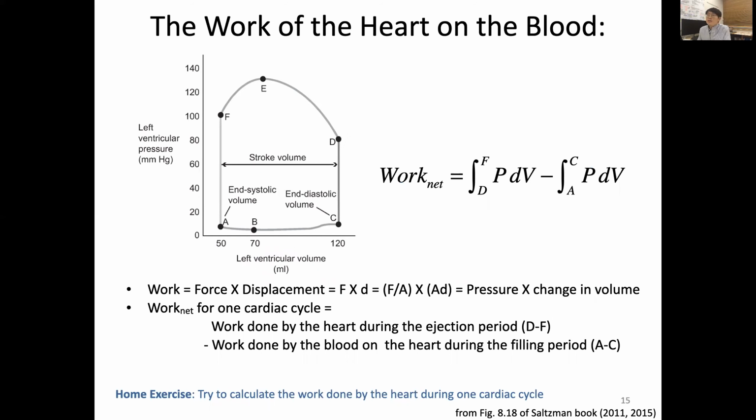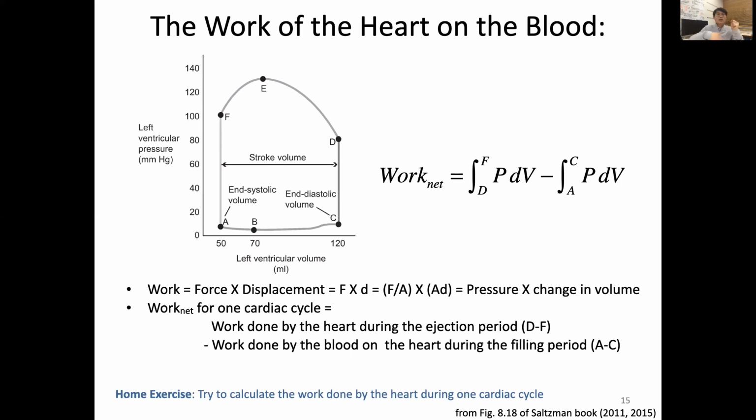So now think about the work of the heart on the blood. So what is work? Work in physics is typically defined as, if there's a mass, you push the mass with a force, and then that force makes a displacement x. So force multiplied by displacement is defined as work.